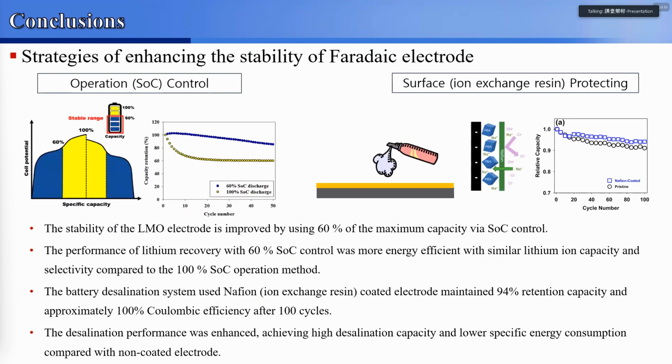This page shows the conclusion of my presentation. I introduced two strategies for enhancing the stability of Faradaic electrodes.